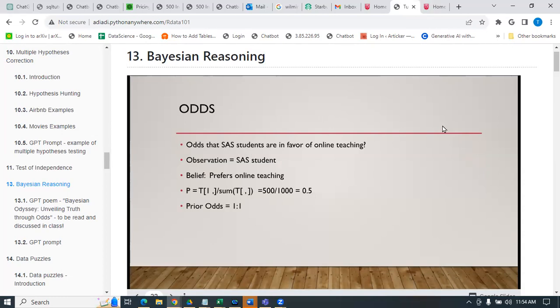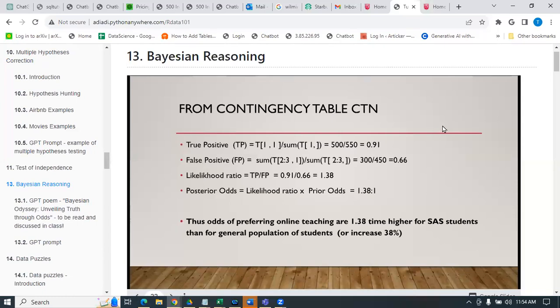The observation is SAS students, School of Arts and Sciences students, and the belief is prefers online teaching. We calculate those odds, but we put a likelihood ratio instead of the frequencies like we did in the contingency table. In this particular case, it's 1.38.